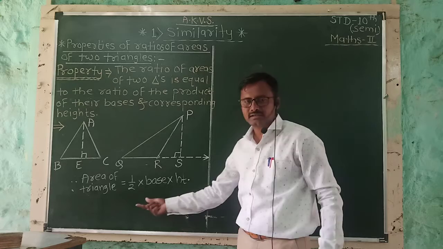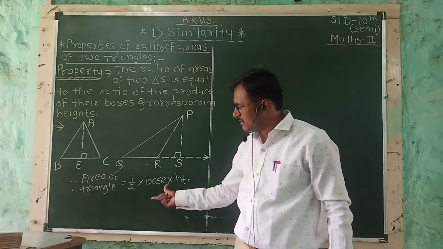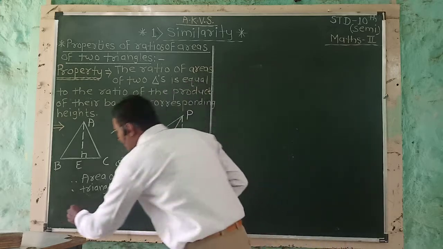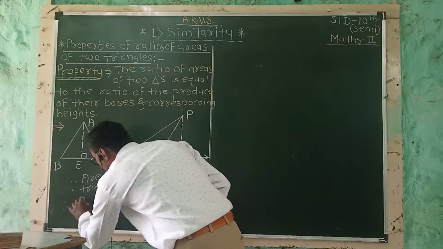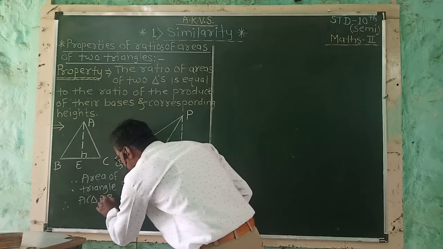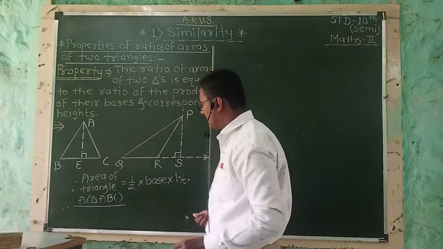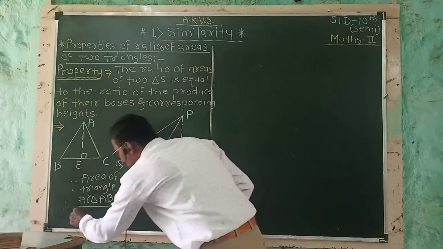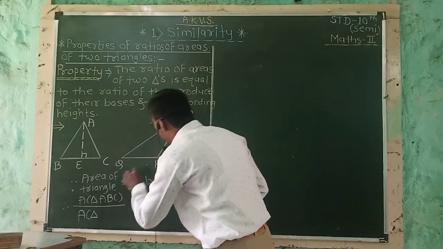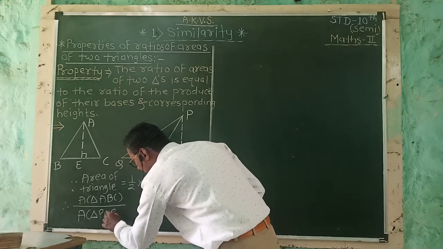We are familiar with the formula. This is our basic idea to calculate the ratio. So, area of triangle ABC upon, as we are considering the ratio, area of the other triangle, that is PQR.